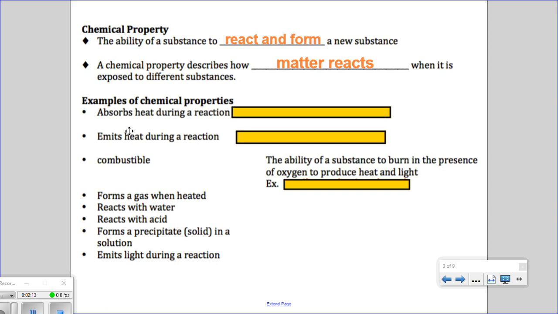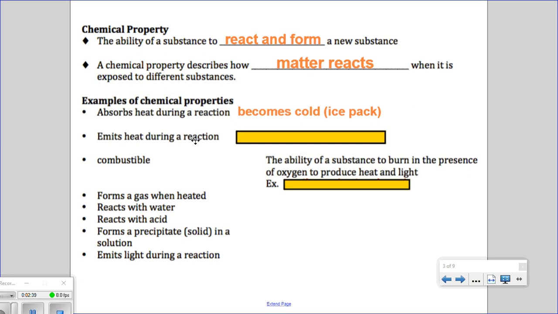Examples of chemical properties include absorbing heat during a reaction. For example, an ice pack becomes cold. When you break that ice pack and mix those two substances together, and it becomes cold, that is a chemical property.